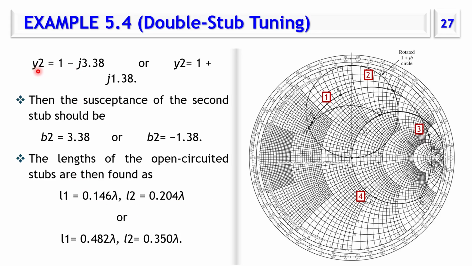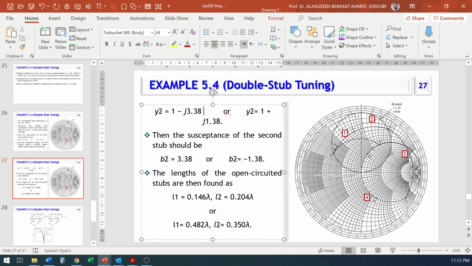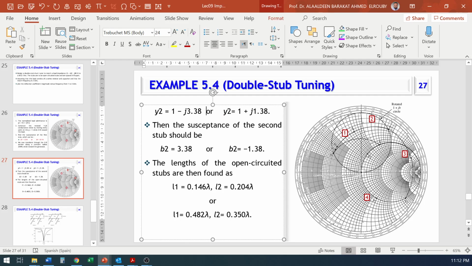So for y2, which is from here to this point, it's equal to 1 minus j3.38.